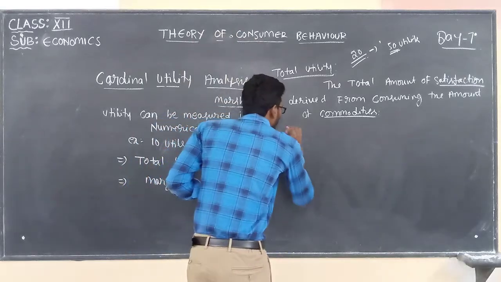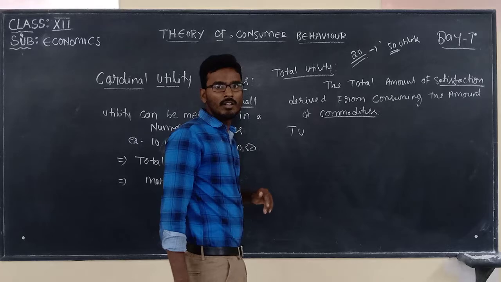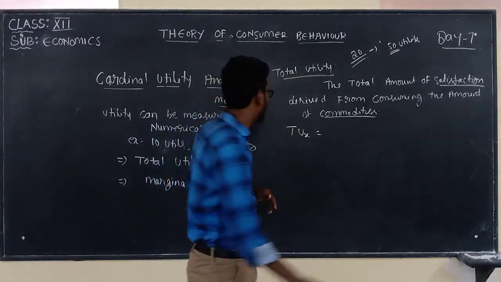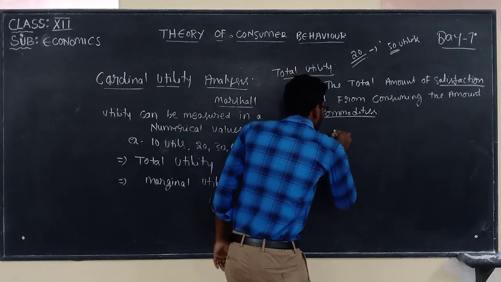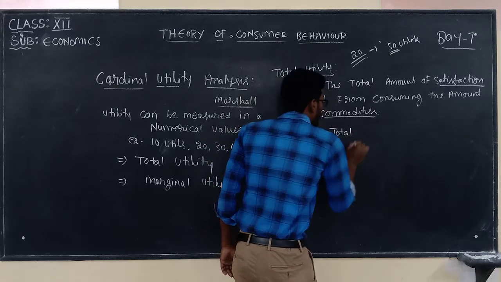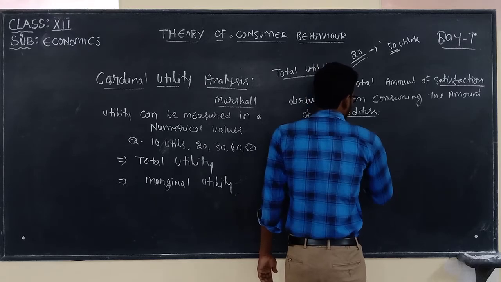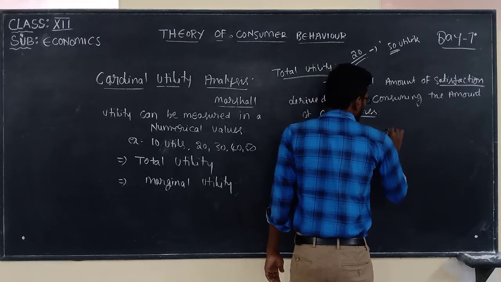Example, total utility of X equals total n number of consumption.